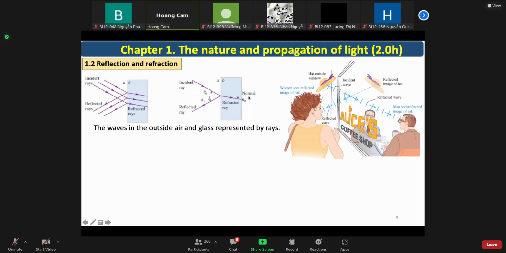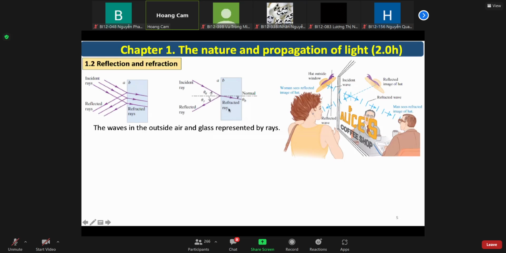And for the refraction, we look at material B because the refraction happens in another material. So the incident ray is like this one and the refracted ray will be bent. It is not in the same direction, but now it will be bent, either closer to the normal or away from the normal.